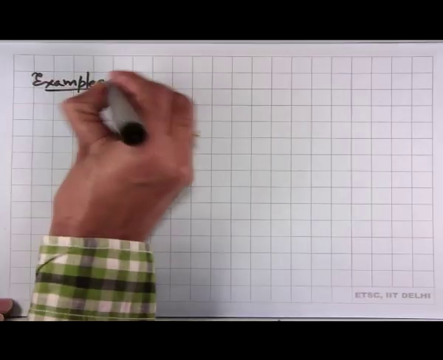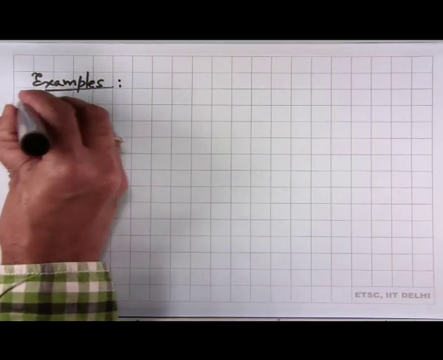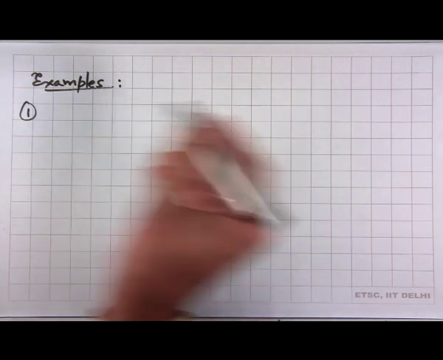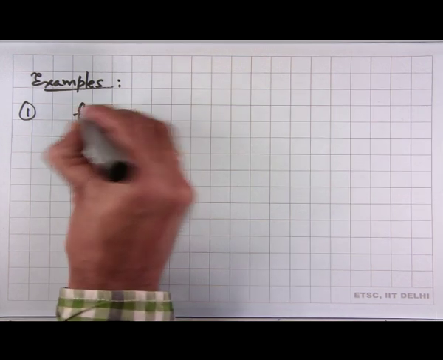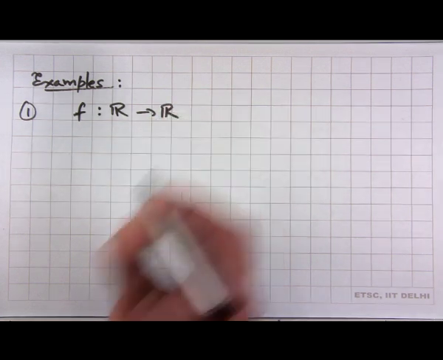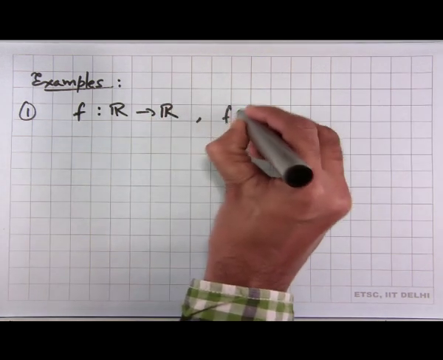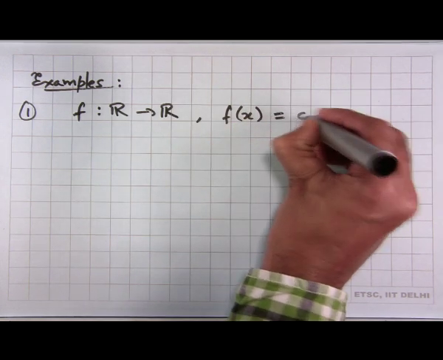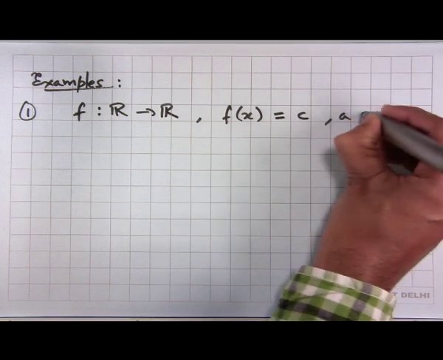So, examples. First one, the simplest function: let us take f from R to R, where f of x is equal to c, a constant.